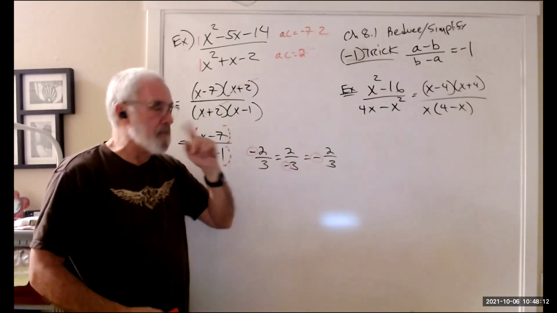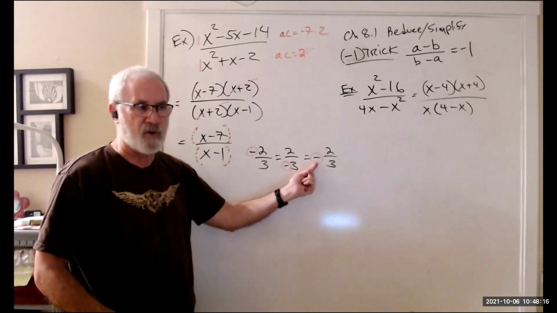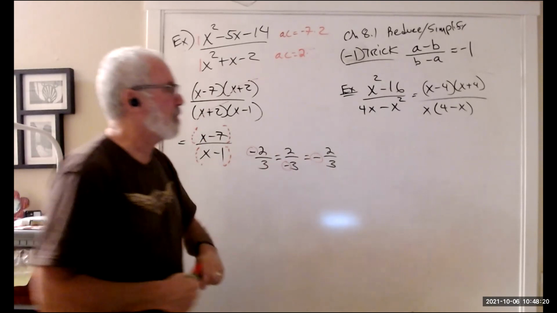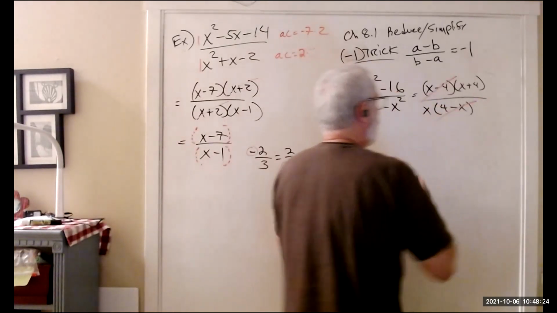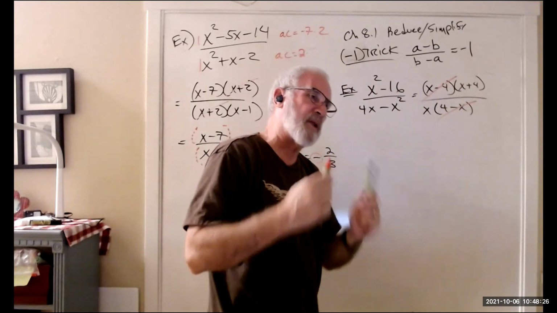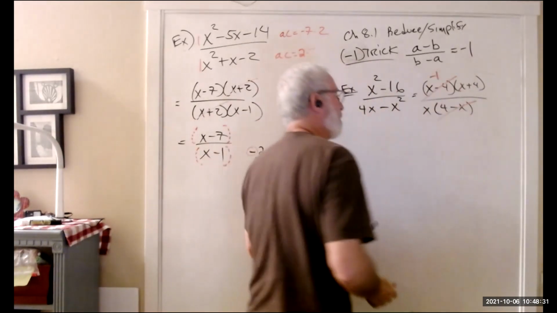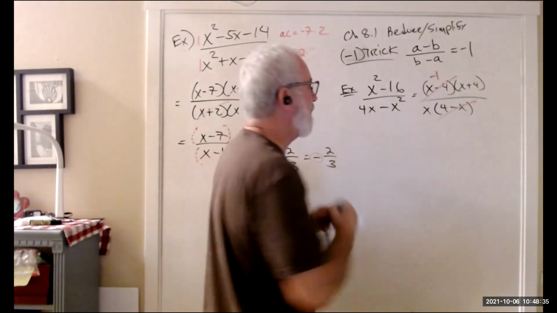Okay. Most people will opt for putting it right in the front because it's easier. So let's do that. These two are going to cancel, but they're not going to cancel completely. They're going to leave a -1 somewhere. Now I put it on top for now, but it doesn't matter.